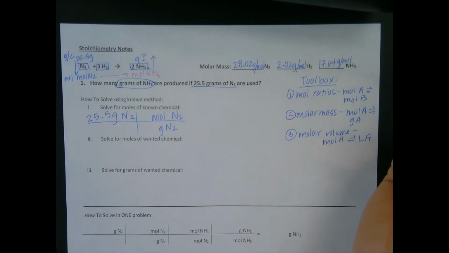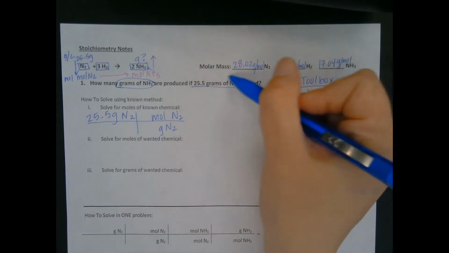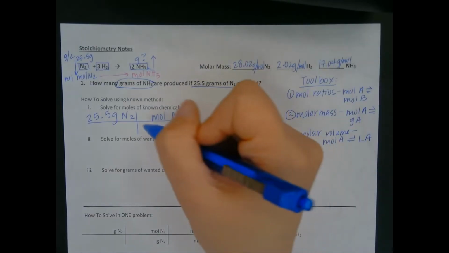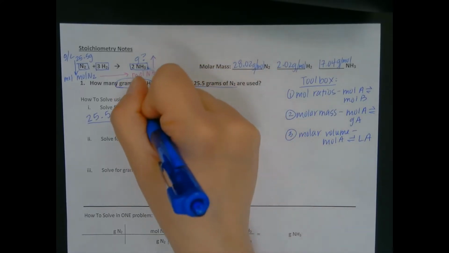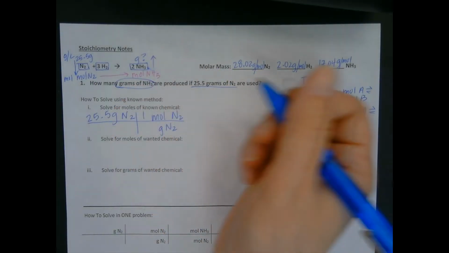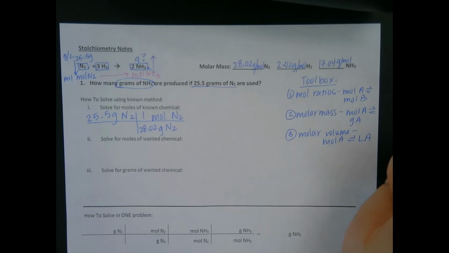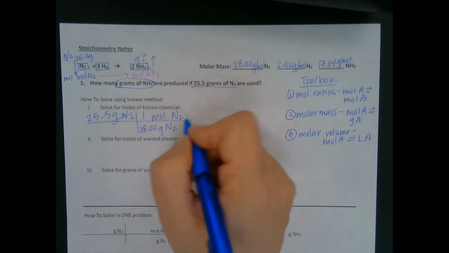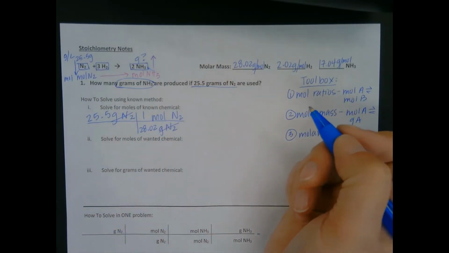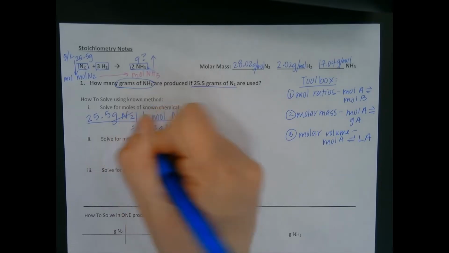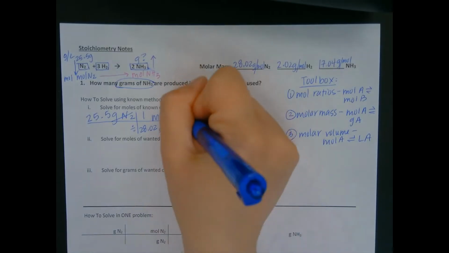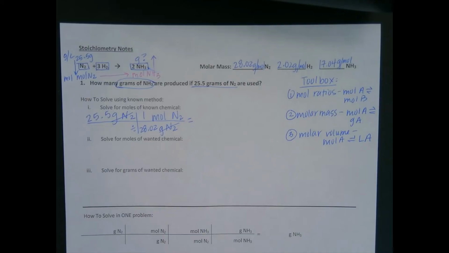Looking at our toolbox, what do we have that gets us between grams and moles? The molar mass, perfect. I've already solved for all of them. So what number would be on the top? 1 over what? 28.02 grams of N2. Grams of N2 cancel, and now we're going to divide: 25.5 divided by 28.02. Put that in your calculator.